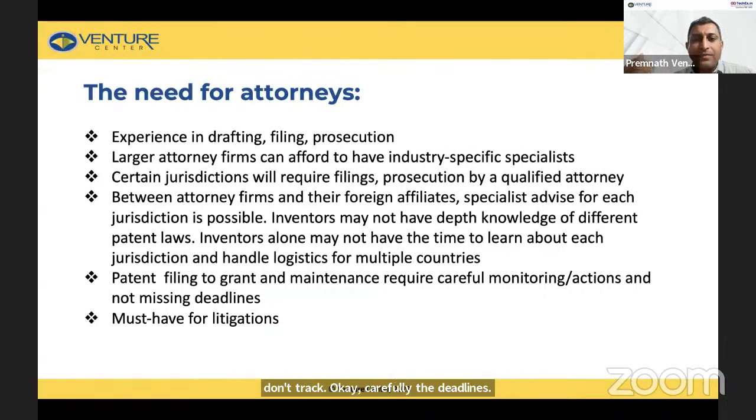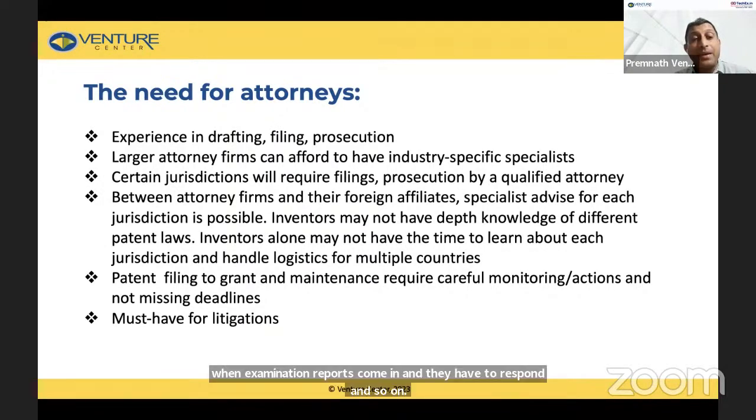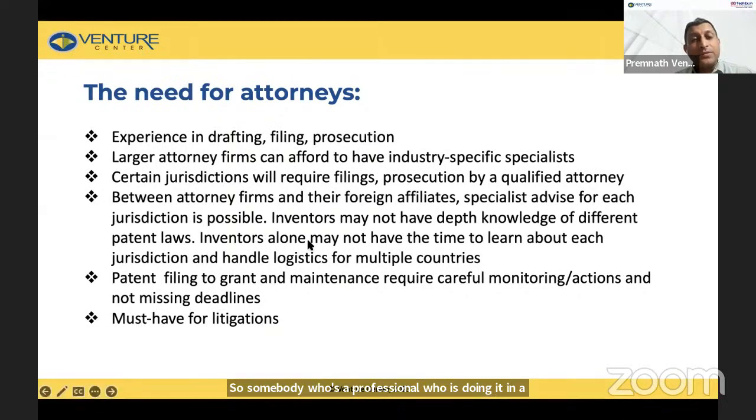So invariably, you'll find people missing deadlines, not following up within the timelines when examination reports come in and they have to respond and so on. So somebody who's a professional who is doing it in a systematic manner is useful. And of course, in litigations, you have no choice but to have attorneys as well.